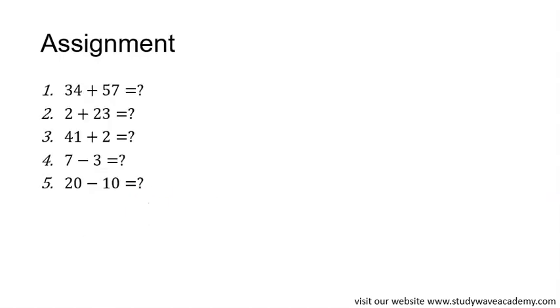So I'm sure we're going to be able to do our assignments. Today's lesson on addition and subtraction was easy, so the assignment is easy, right? Okay, that is good. So keep on practicing because practice makes perfect, okay?